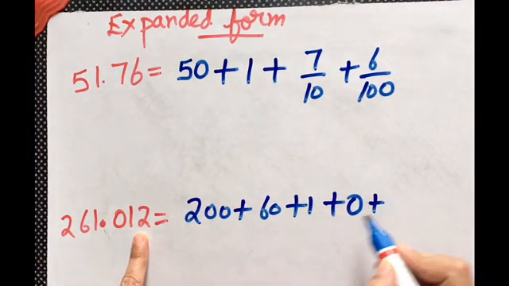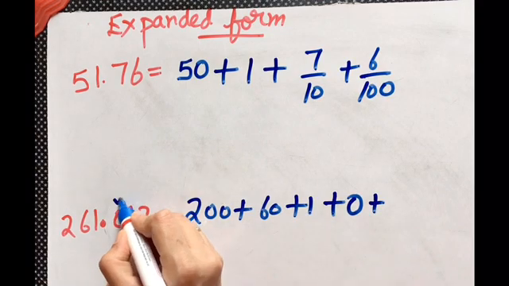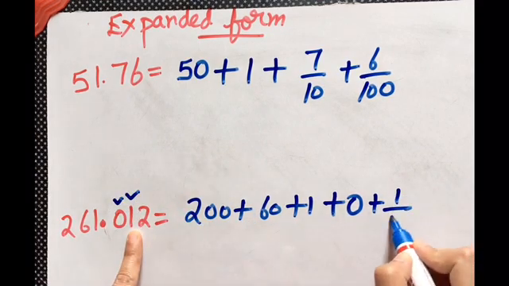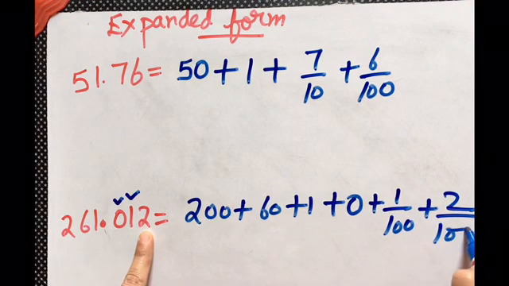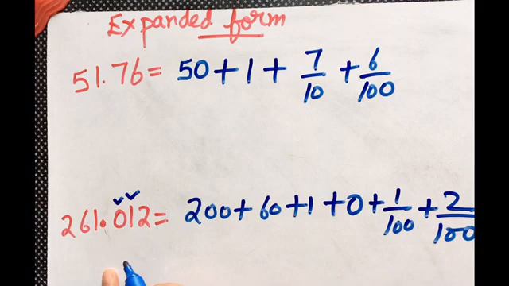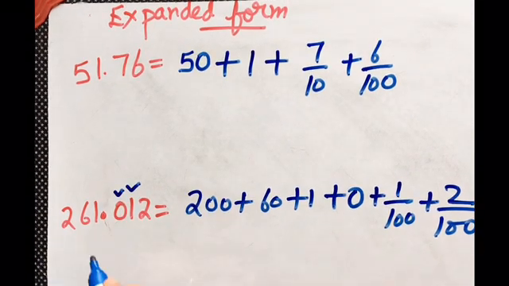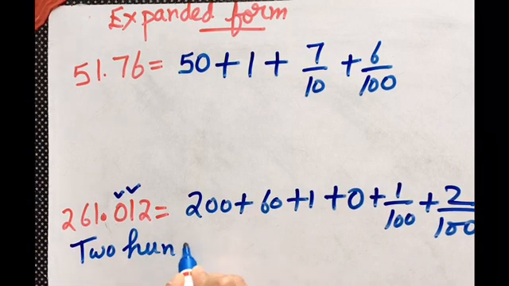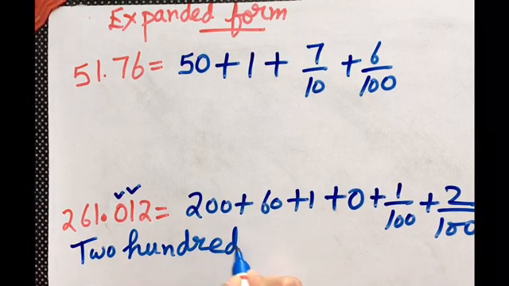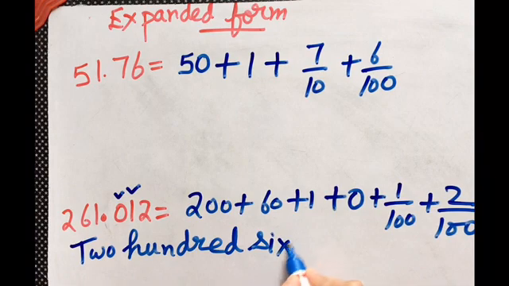Next, like we have done, 261.012. So it is 200 plus 60 plus 1 plus 0 plus 1 upon 100 plus 2 upon 1000. This way you are going to write decimal numbers in expanded form. Fine.